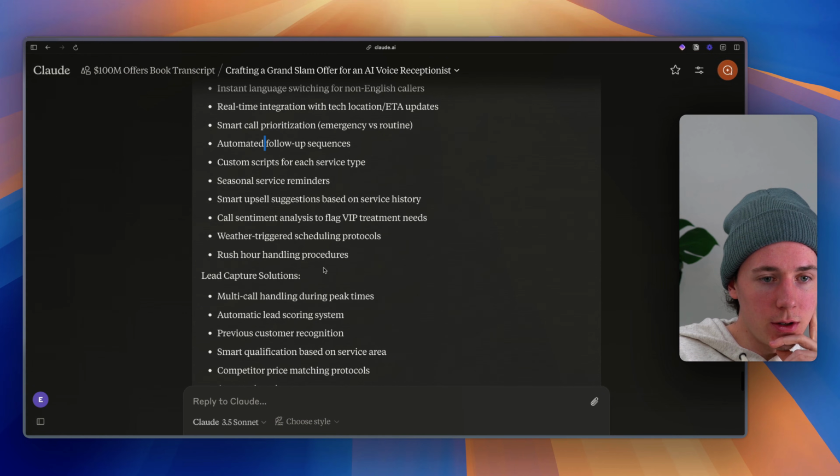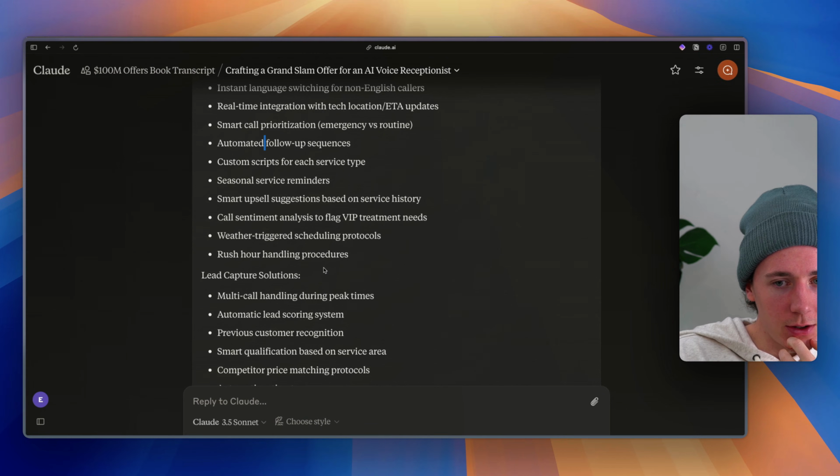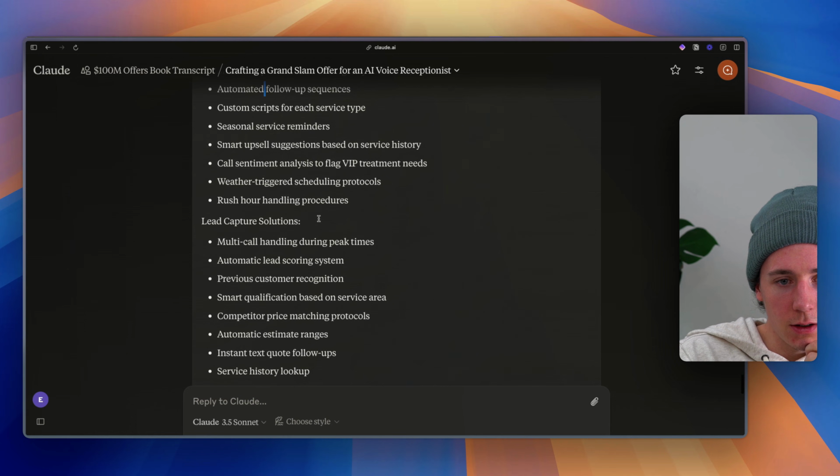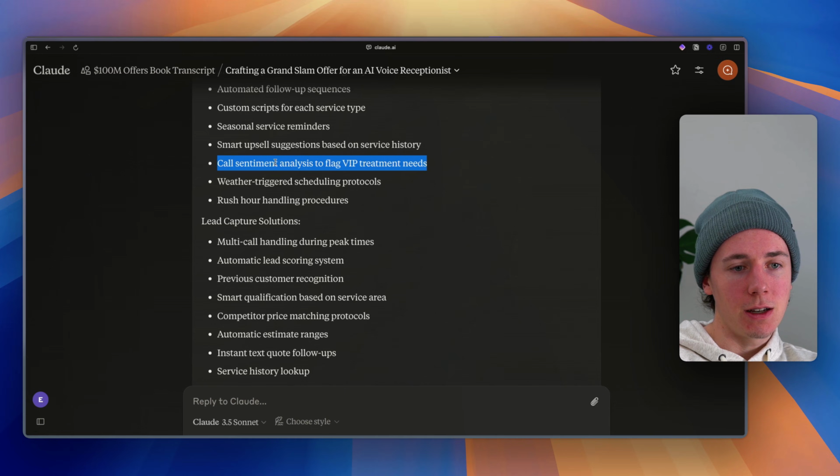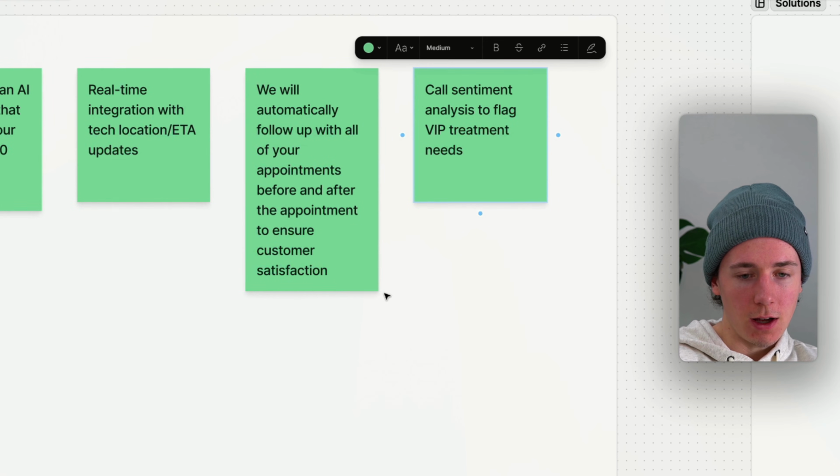And then we will do smart upsell suggestions based on service history, call sentiment analysis to flag VIP treatment needs. Yeah, we could probably do that.